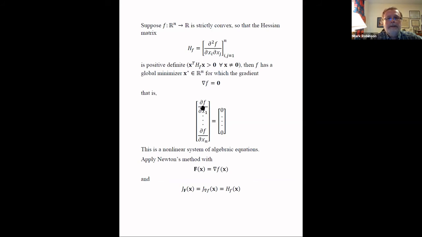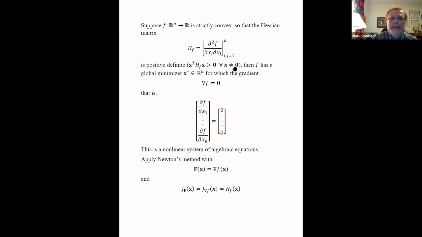Now, the gradient vector is an n-dimensional vector where each component is just a partial derivative of the function f with respect to one of the independent variables. So we're interested in where the derivative, in a sense, is equal to 0. Where is the gradient vector equal to the 0 vector?